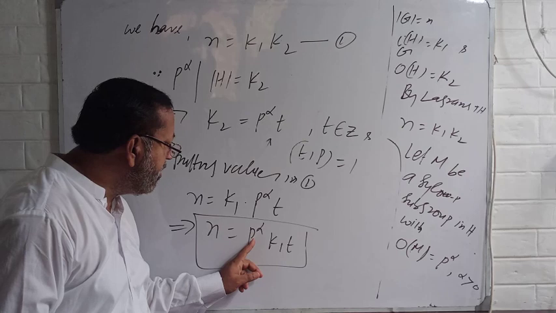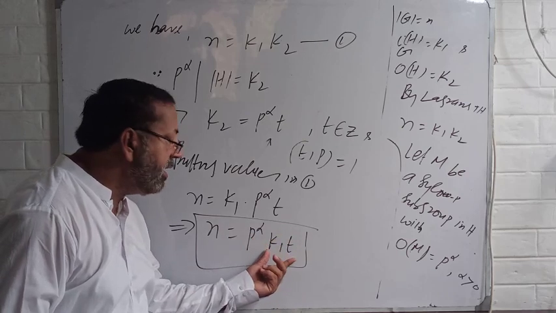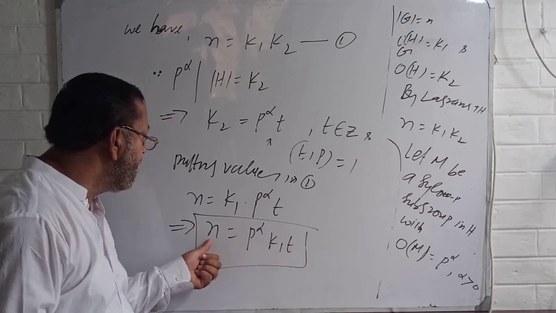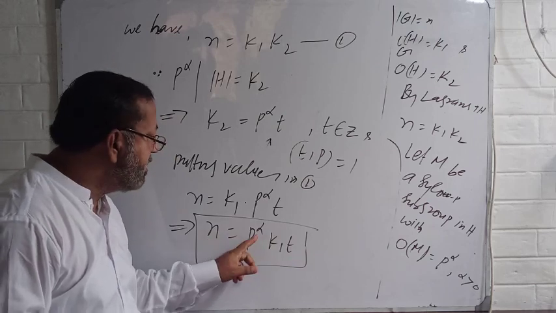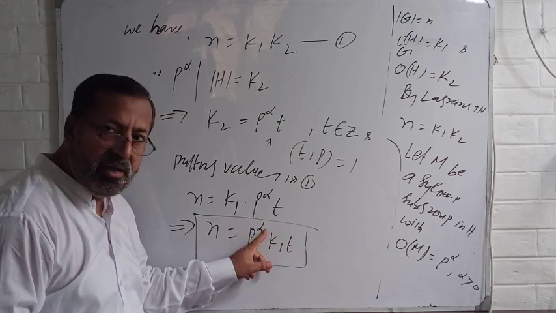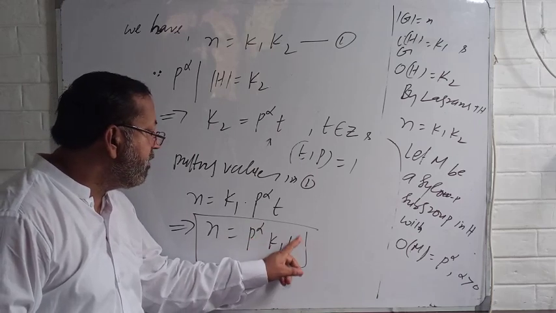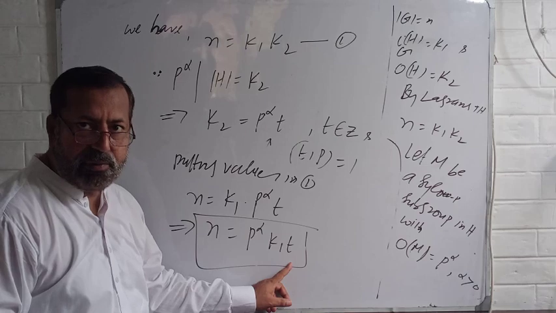If I can show that P and K1 T are relatively prime, you cannot produce any P from here, that's why P power alpha will divide n, right? This means that P power alpha plus 1 can never divide n. So the idea is to show that P and K1 T are relatively prime.